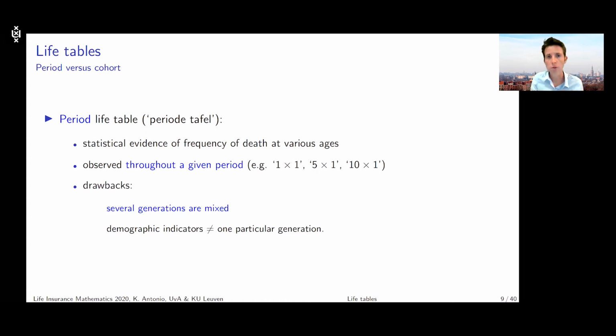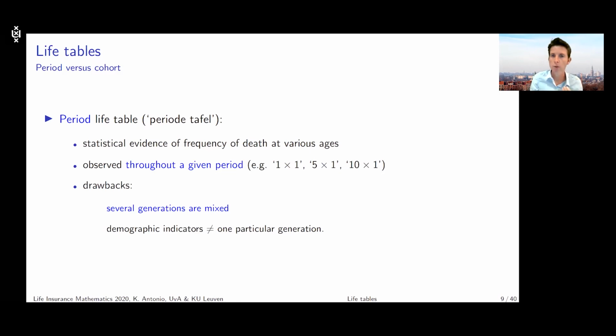So if you calculate a demographic indicator, for instance, a life expectancy, based on this period life table, then that doesn't fit for one particular generation, but it mixes the information from various generations. And what do I mean with that? So let's say I'm 39 years old in the year 2020.